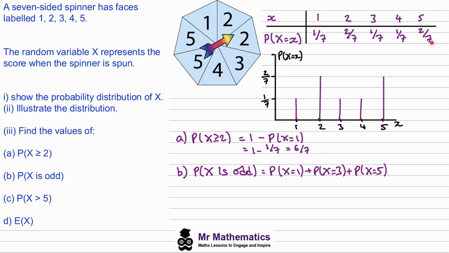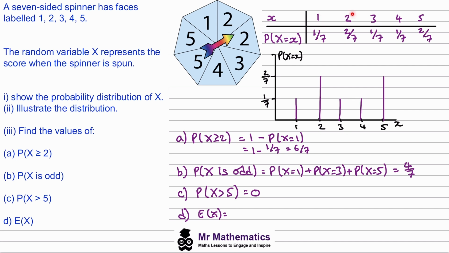So we can add up each of these, and we get 4/7. And for part C, the probability that x is greater than 5 is 0, because you can see that 5 is our biggest number.